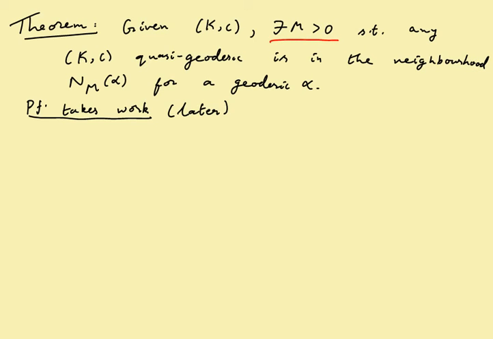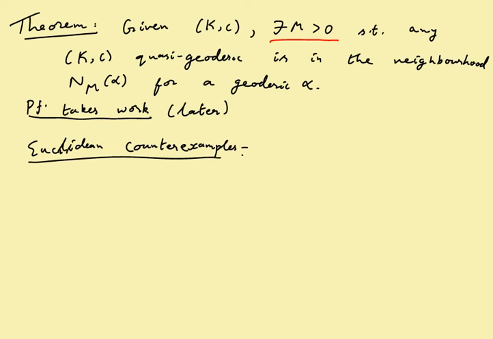Okay. So let me take Euclidean counterexamples. So how does a quasi-geodesic look? Even with constant 0, a Euclidean counterexample would be a semicircle or any chord which is less than a half circle. Here it is.